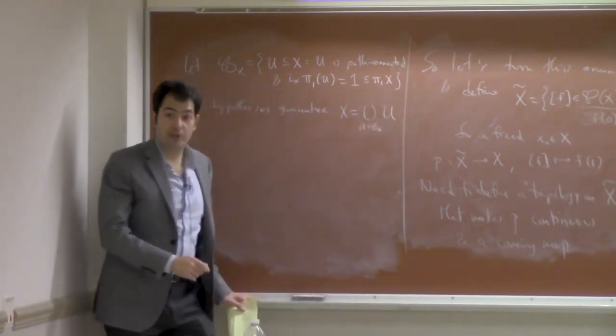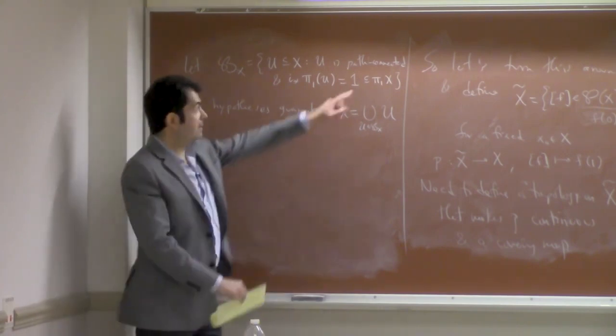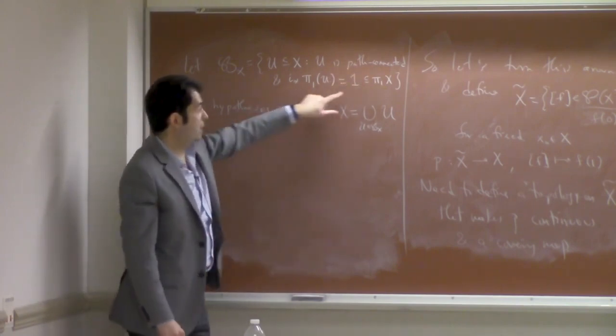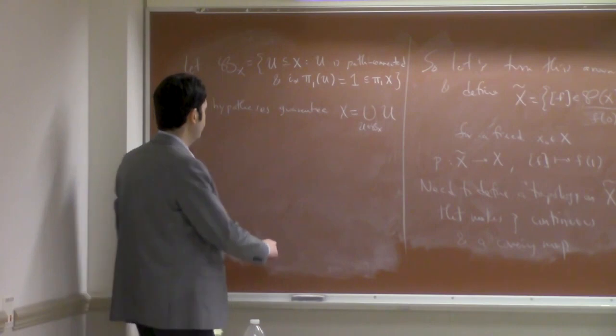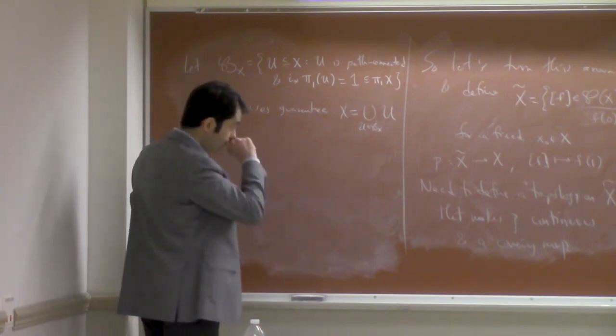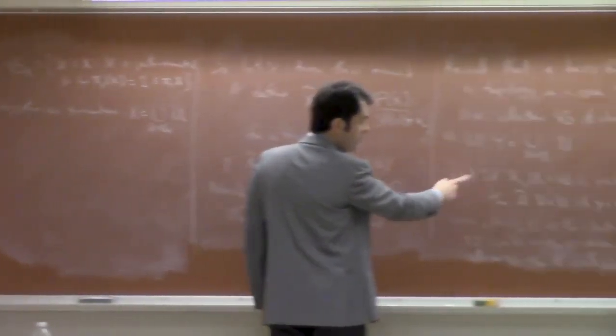Right? Because we know that every point in X has a neighborhood that is path connected and that has this property for the fundamental group. Okay, we want this to be a basis. We have the first property, we need the second one.